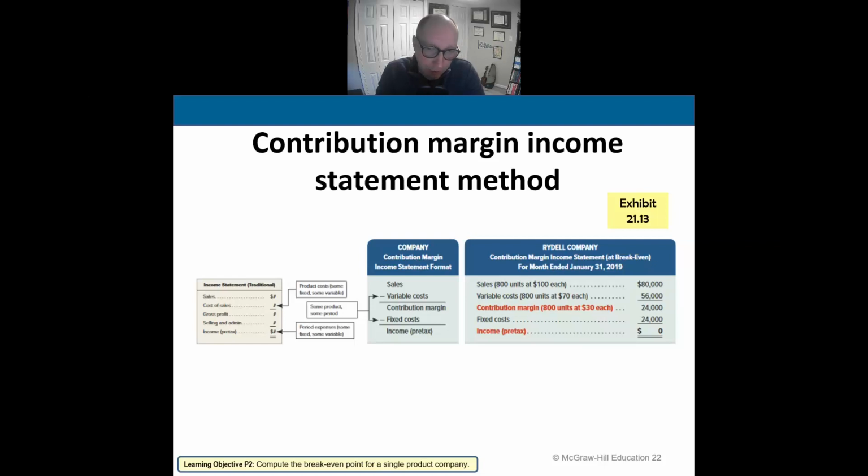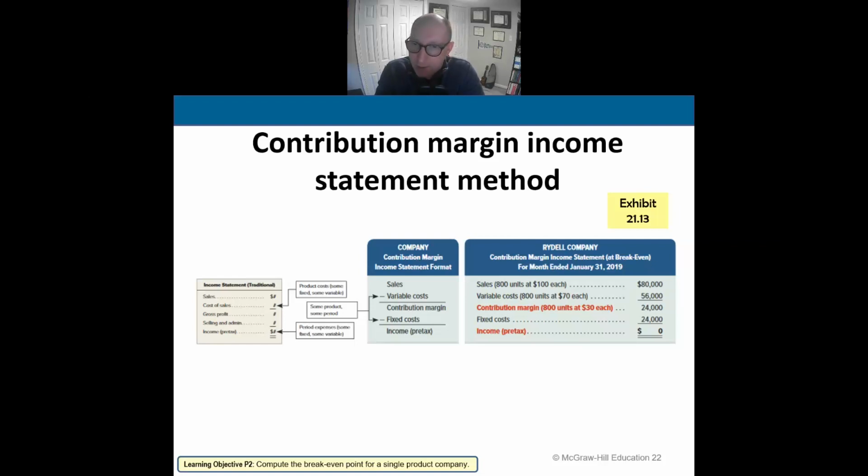Remember the original example. My sales price was $100 a unit. If I sell 800 units, it's $80,000 in sales. My variable cost was $70 per unit, which means my contribution margin per unit is $30. So sales minus variable cost, 800 times 70 is 56,000.